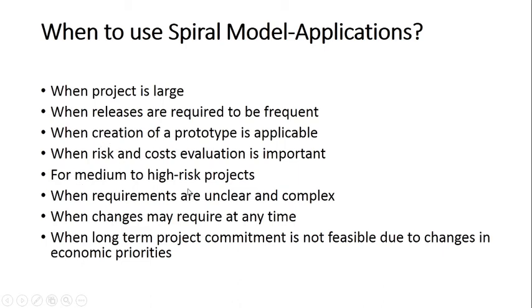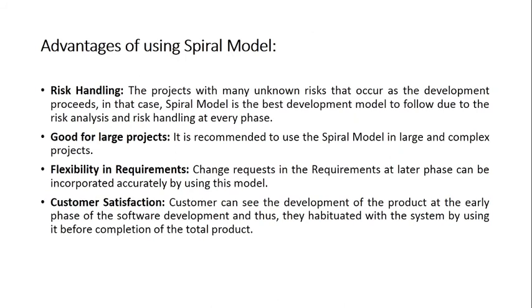For medium to high risk projects, when requirements are unclear and complex, that is the prototype model. When changes may be required at any moment of time, that is the iterative and incremental approach. When long-term project commitment is not feasible due to changes in economic priorities, that means again changes. So ultimately this model can accommodate the changes also. This is the application area of a spiral model.